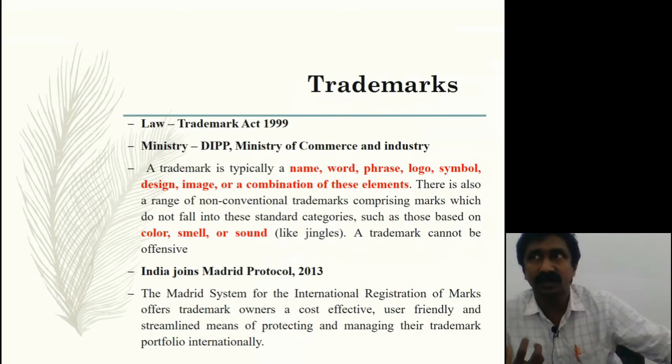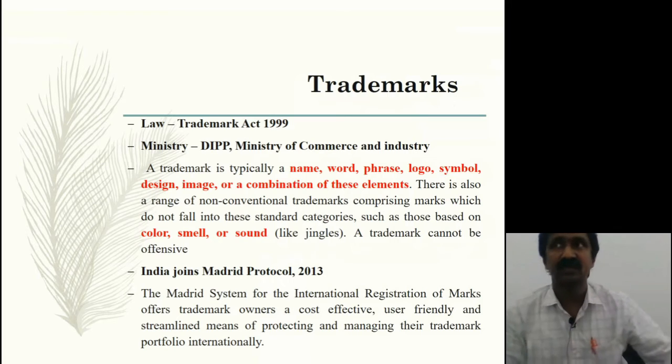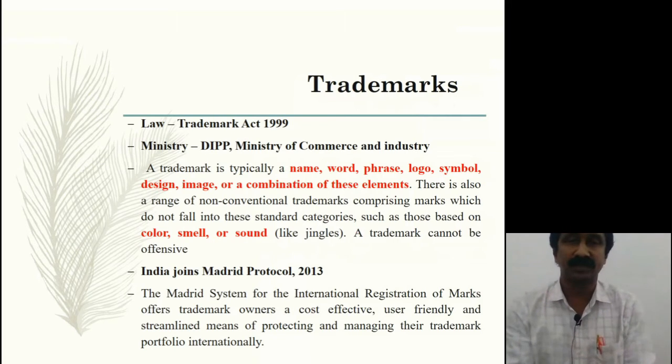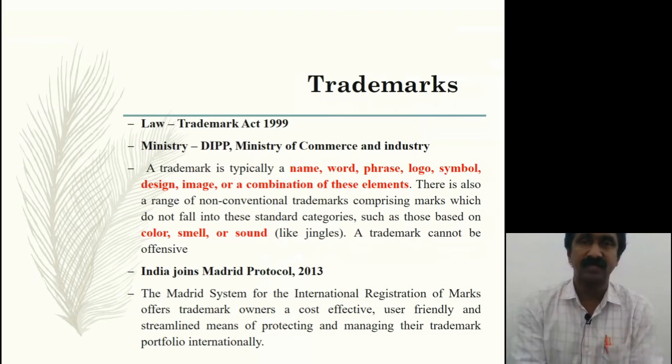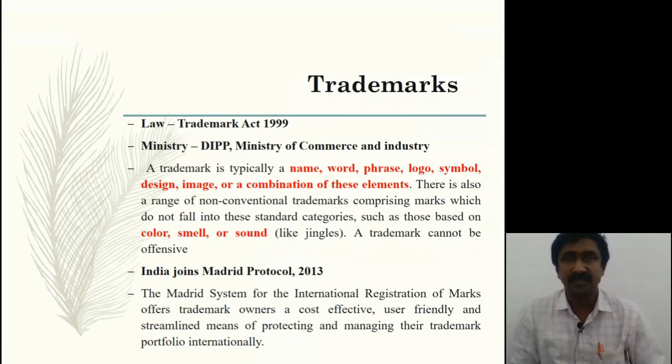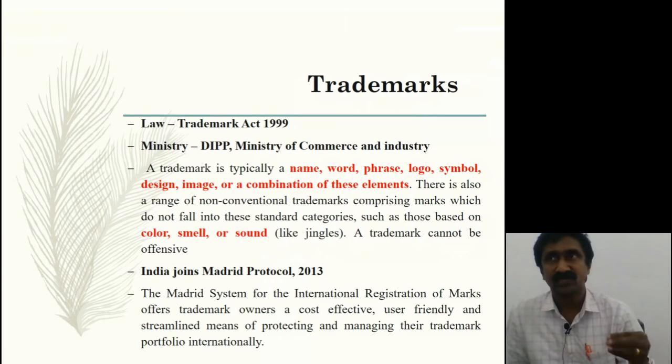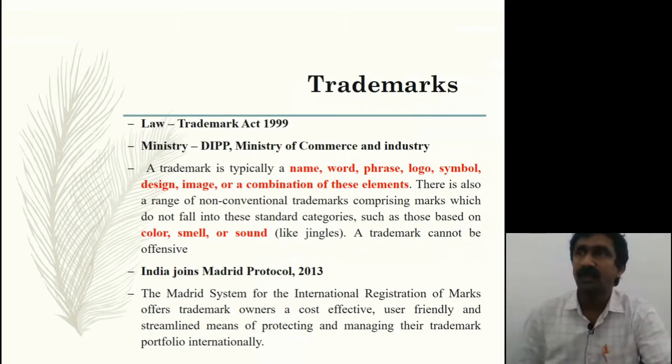So all these trademarks of a particular company, the name, a phrase, a logo, a symbol, a design, or an image, indicate the particular company, and that image, for example the icon or logo of Benz, has its own reputation. So such trademarks come with the reputation of the company.